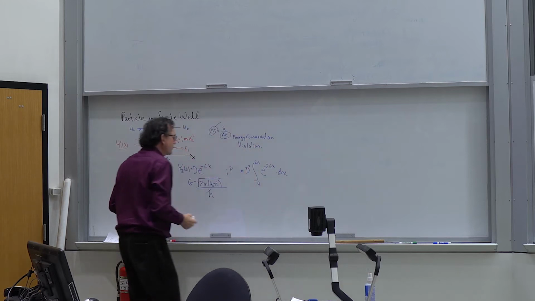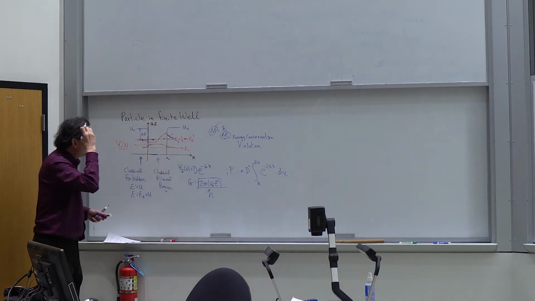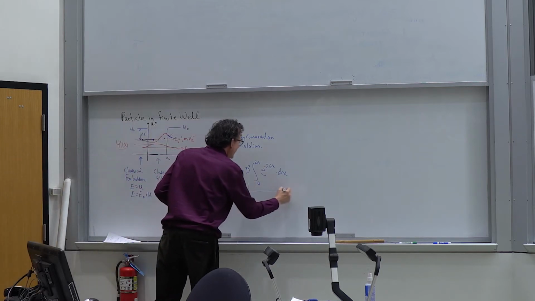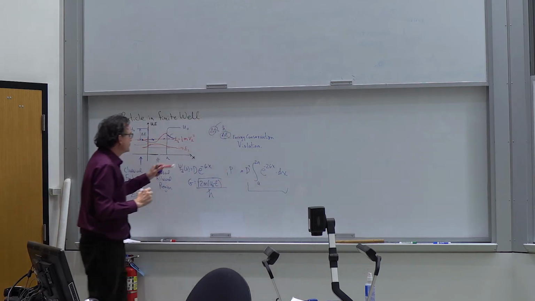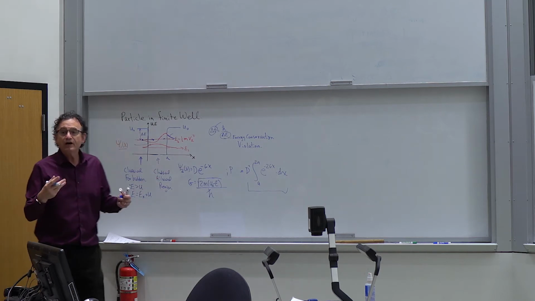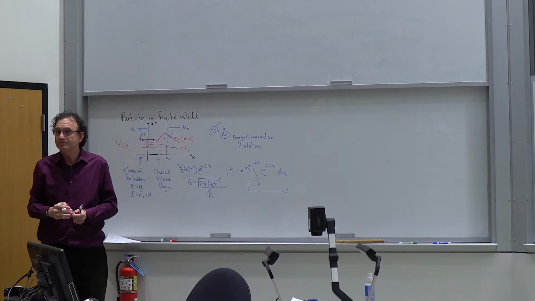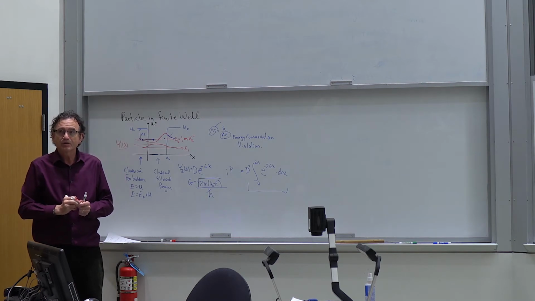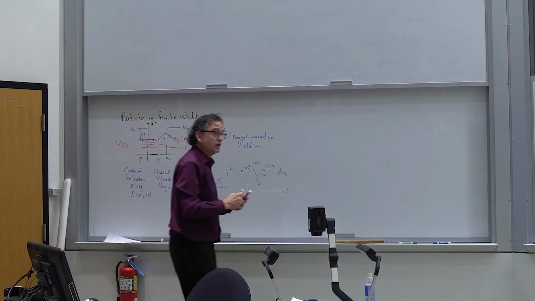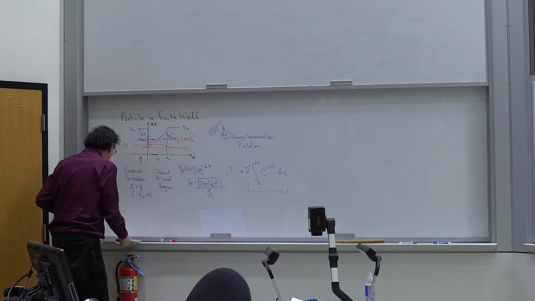I can do the integral and evaluate this, but the idea is this is a probability function, right? The amplitude squared, or the wave function squared, tells me the probability of it being found at a certain location.